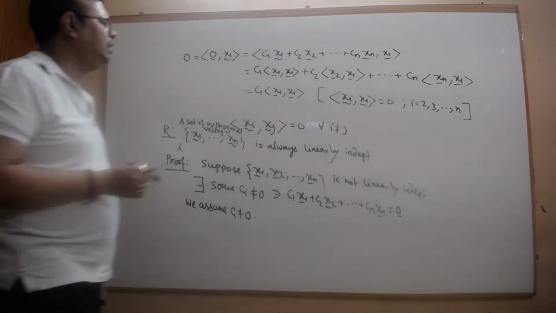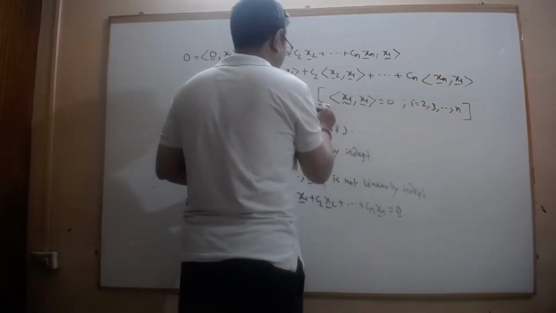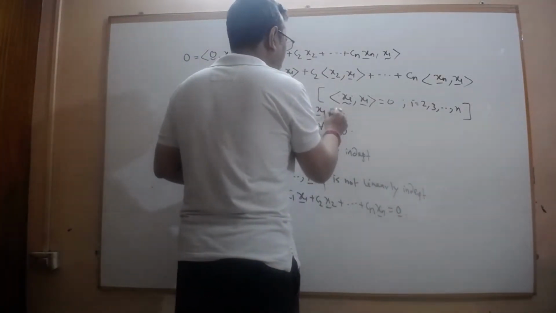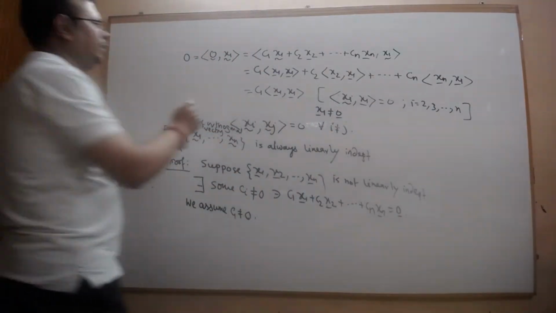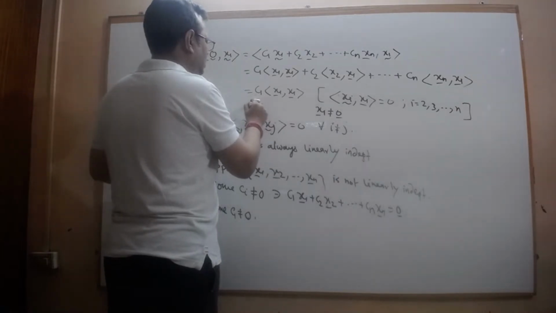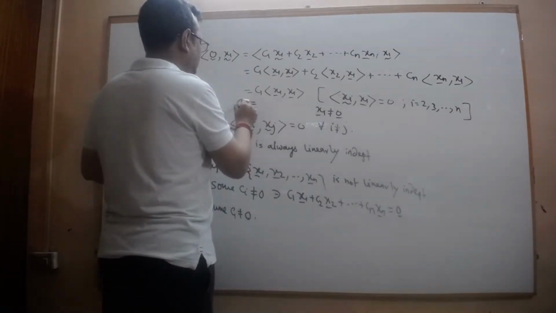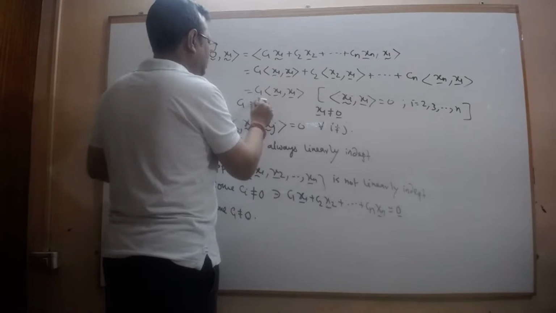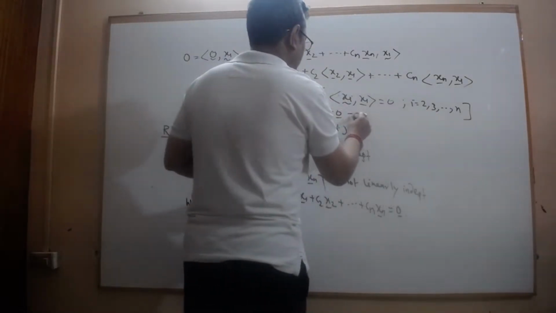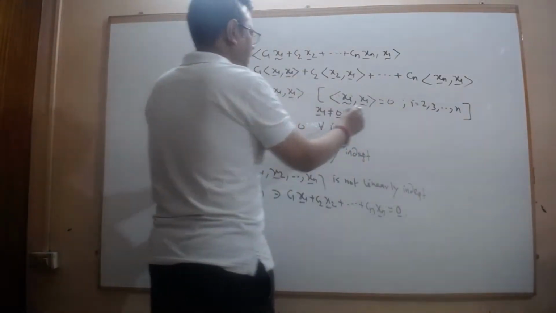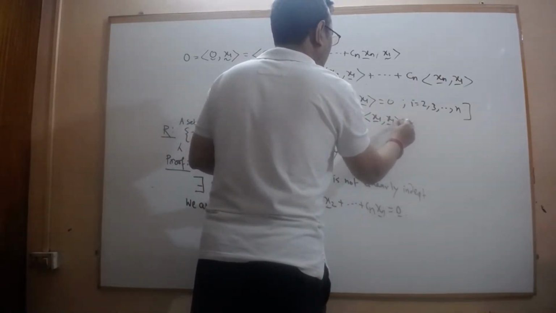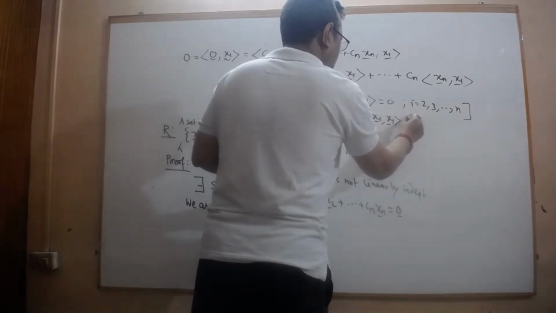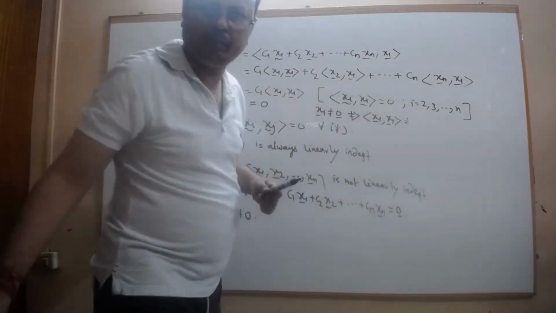Since x1 is a non-null vector, from the third condition of the inner product, the inner product of x1, x1 is greater than 0.